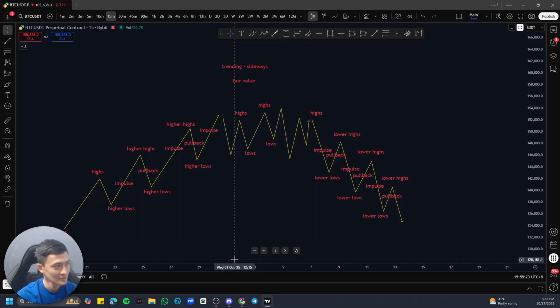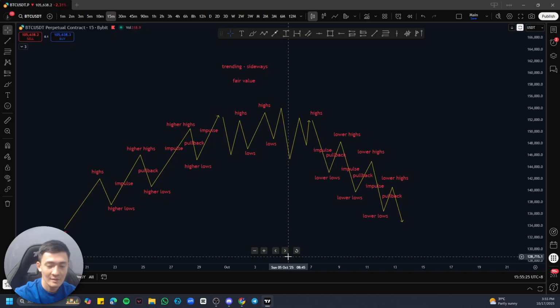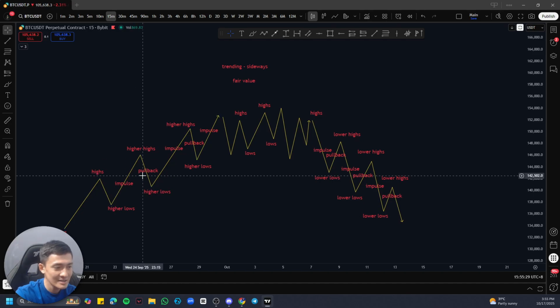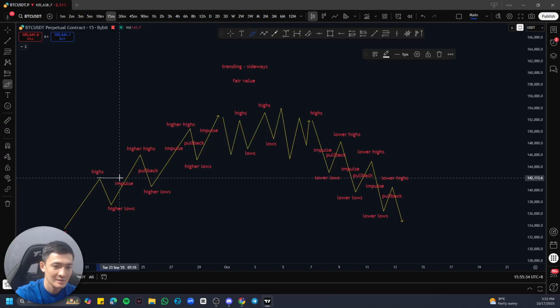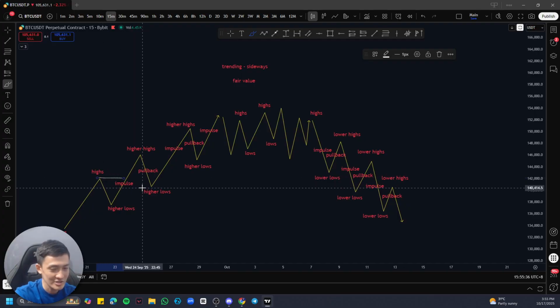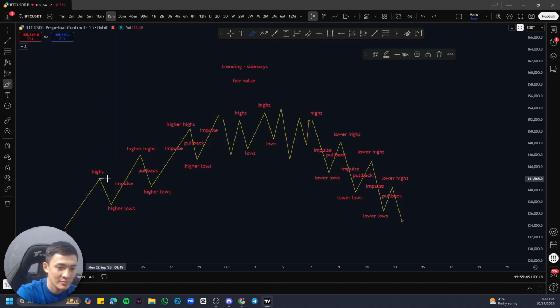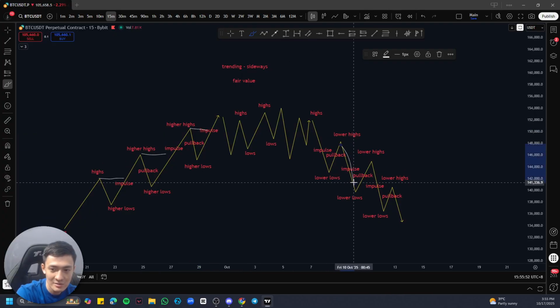Now, each impulse has to break the previous structure, because we want the impulse to create the new high or the new low. In an uptrend, the impulse must break the previous high. In a downtrend, the impulse must break the previous low.